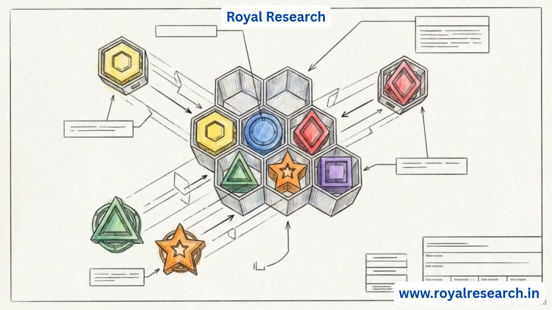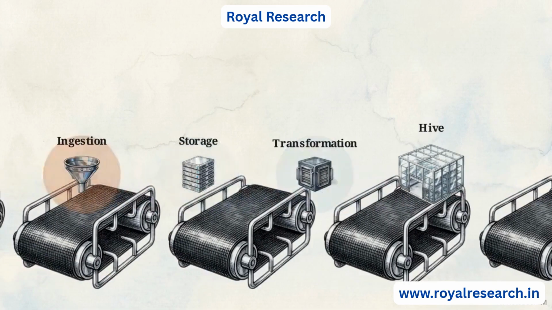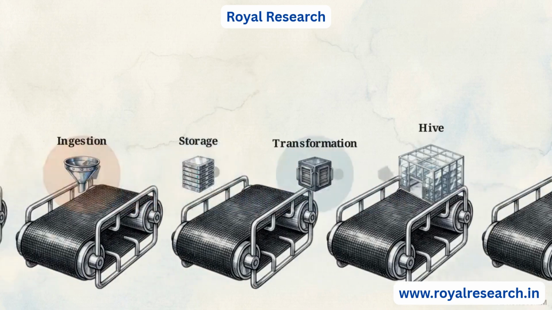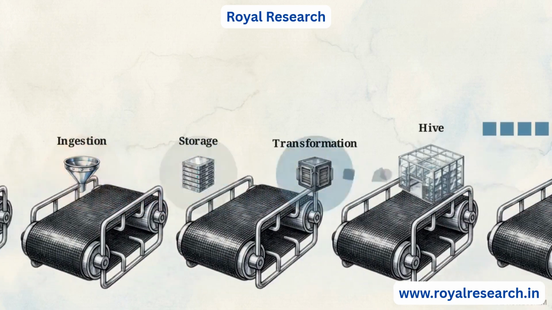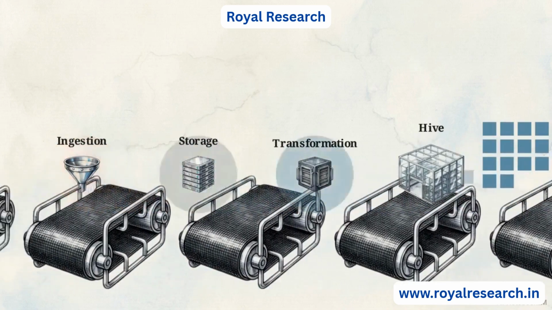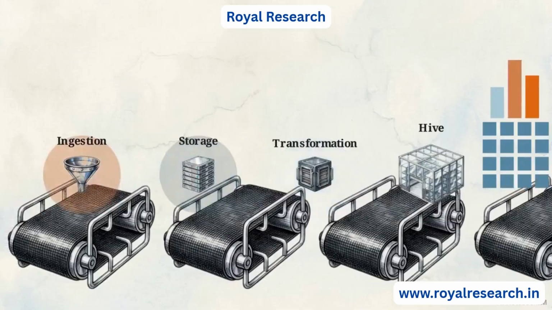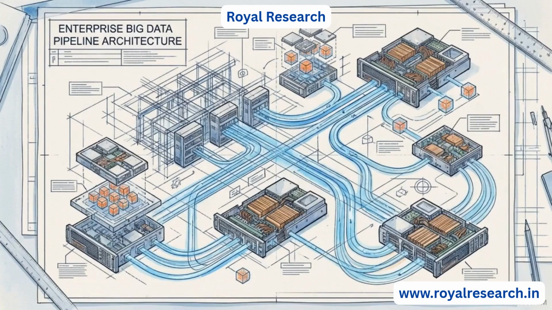To understand these components, we will follow the life cycle of data as it travels left to right, from its raw state outside the cluster to its final analytical query. We will trace this flow using the architectural model developed by the data engineering team at Royal Research. Mastering the Hadoop ecosystem is a matter of seeing how these tools snap together to move and mutate data as it passes through the pipeline.